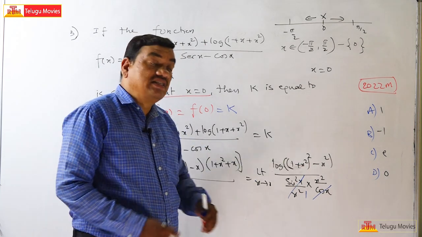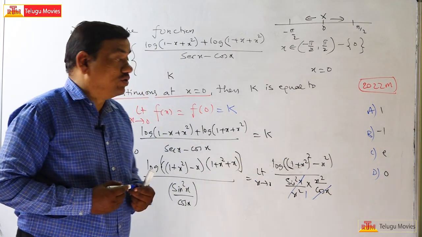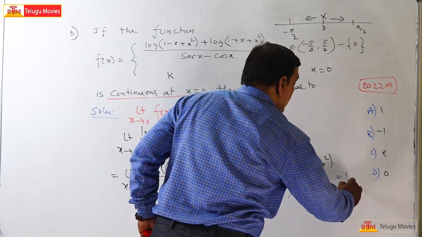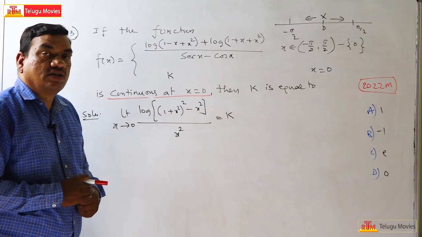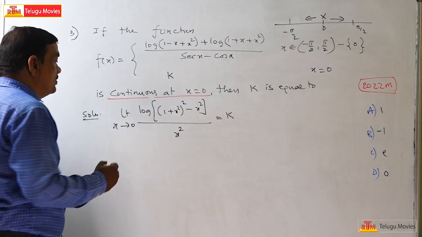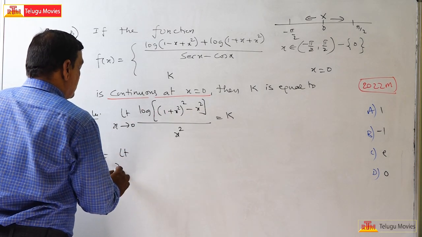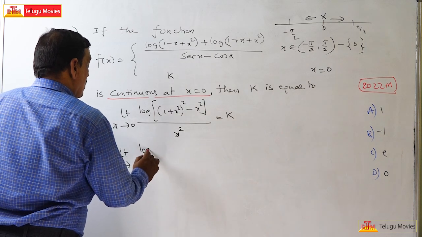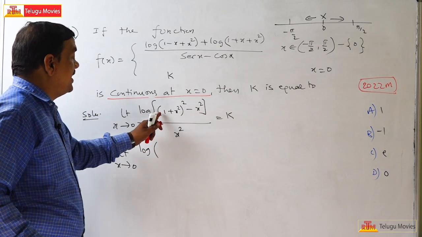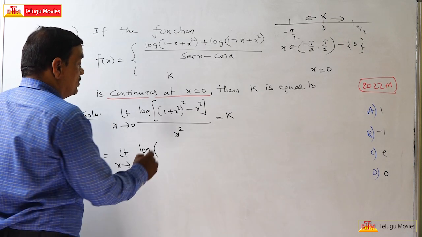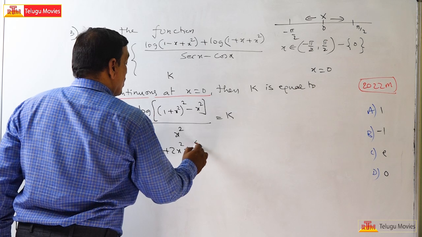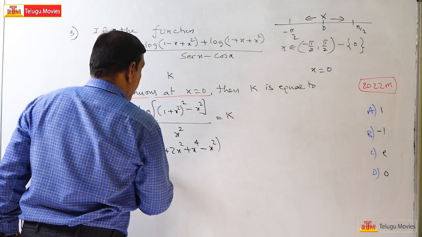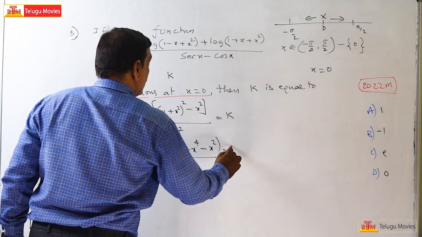Let us expand this and simplify. Its value is equal to k. Okay. Welcome back. Let us continue the calculation. So this is equal to limit x tends to 0 of log of, expanding a plus b whole square, 1 plus 2x square plus x to the power 4 minus x square, by x square is equal to k.